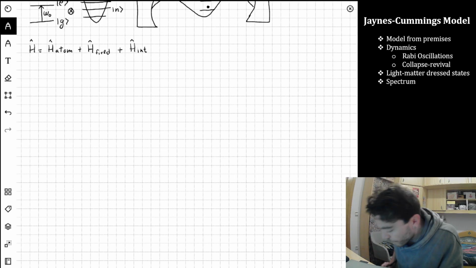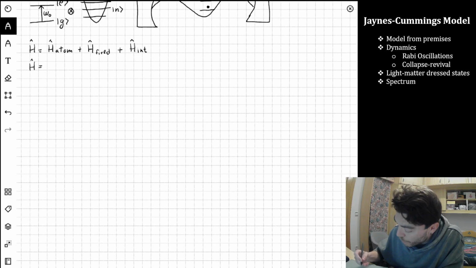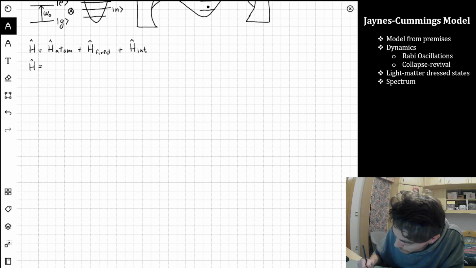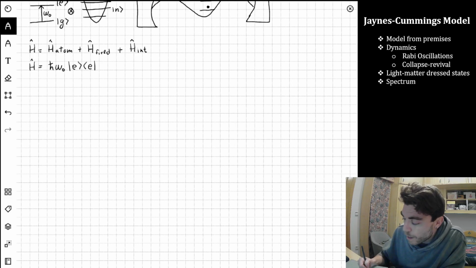Now the Hamiltonian of the atom, we wrote it in the semi-classical model that we derived in the last videos, and it's going to be h bar omega naught times the projector onto the excited state. This is a way of writing this Hamiltonian, in which the zero energy is given for the ground state, while the h bar omega naught energy is given for the excited state.